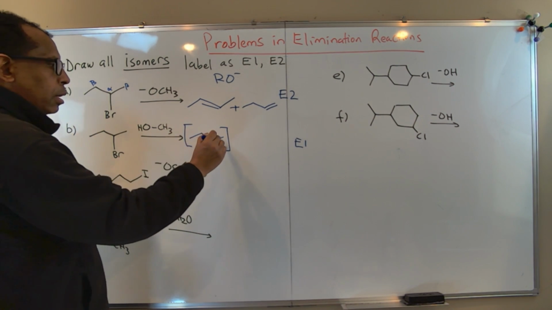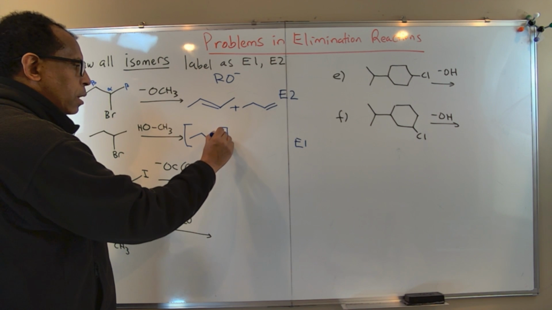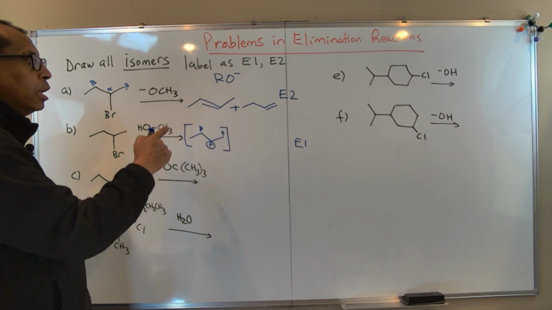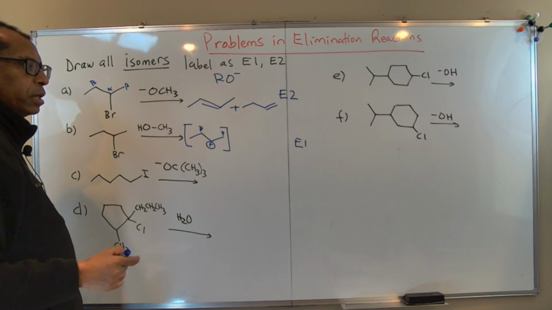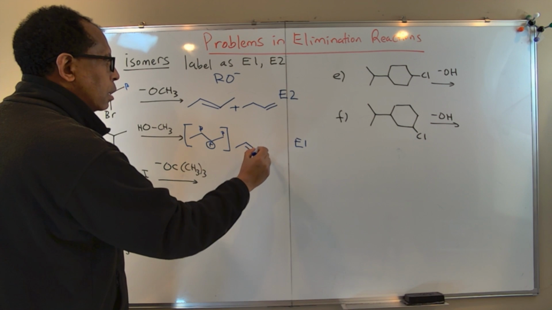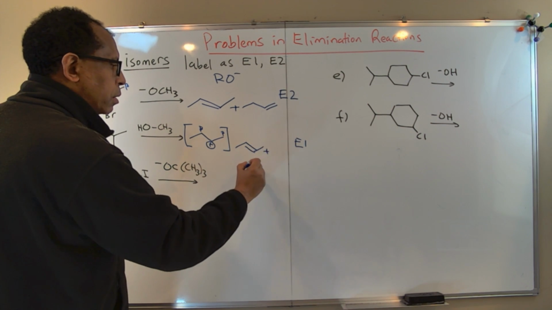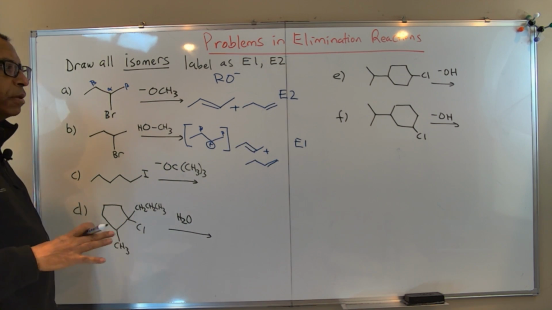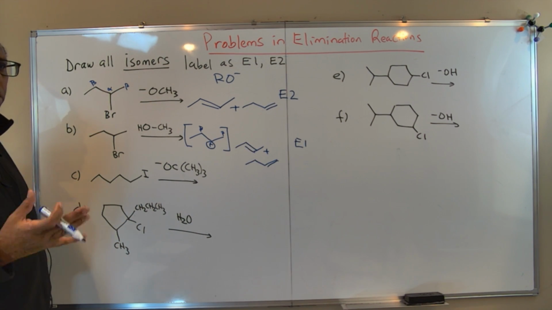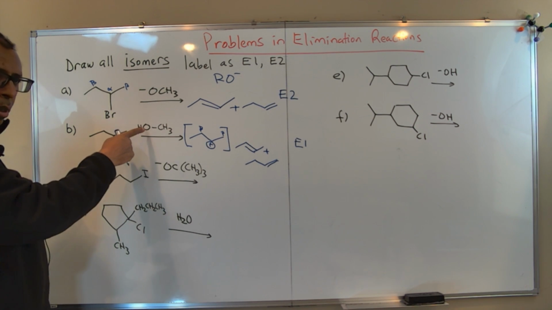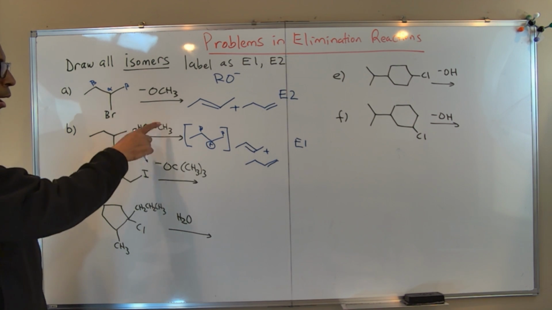Now we can lose from this beta carbon or from this beta carbon, giving you the same product. The mechanism is different because the reagent is an alcohol.